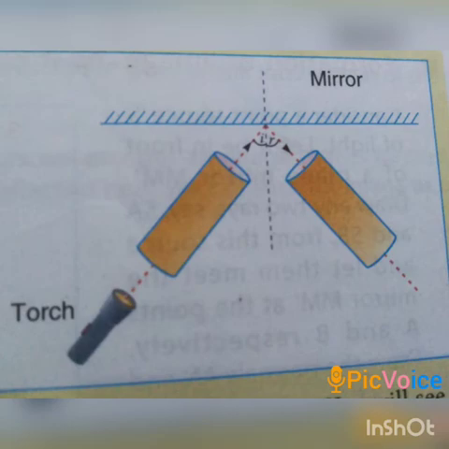We will hold a cylindrical cardboard tube with a narrow opening at its front in an inclined position, with its front end touching the mirror. We will direct a powerful torch light into the tube, and ask a friend to hold a second similar cylindrical tube at a matching angle.